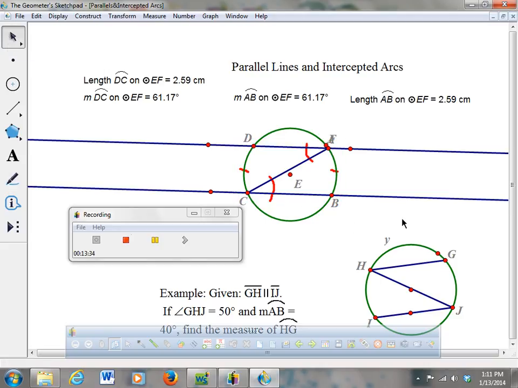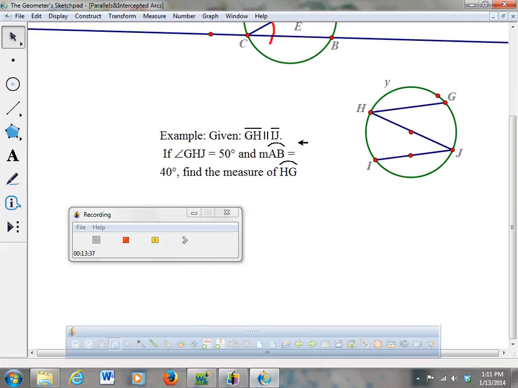And so if I go down and look at this, it says given GH is parallel to IJ, measure of GHJ is 50, and measure of AB.